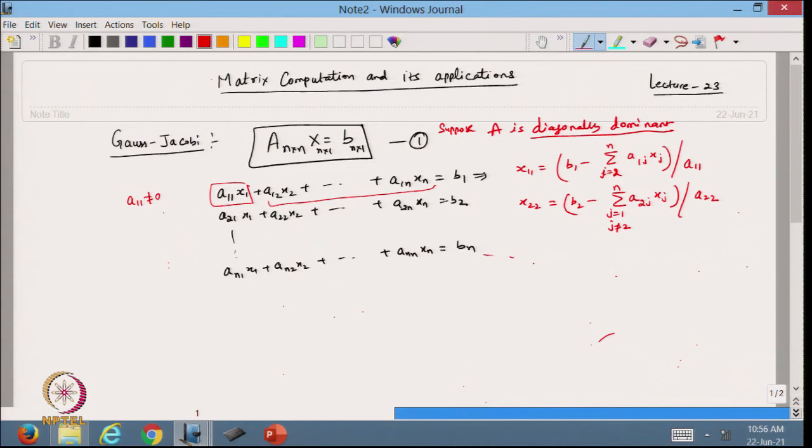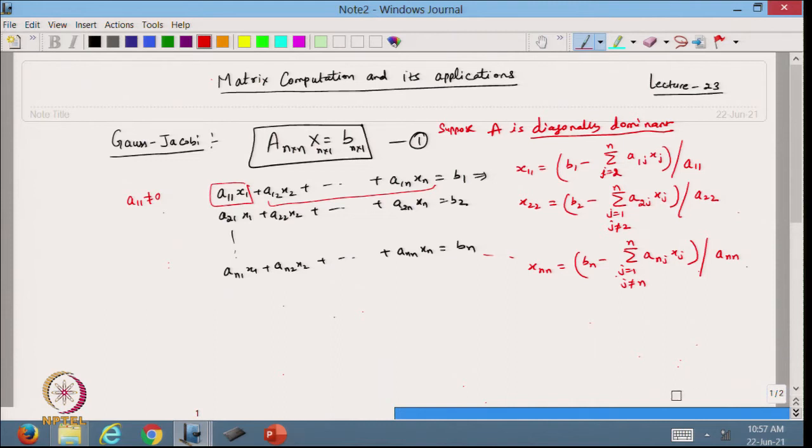All this I can write in the form of this equation. So for the last one it will be bn minus the summation over j from 1 to n of anj xj, divided by ann, with j not equal to n. Whatever i I take, this corresponds to this system.